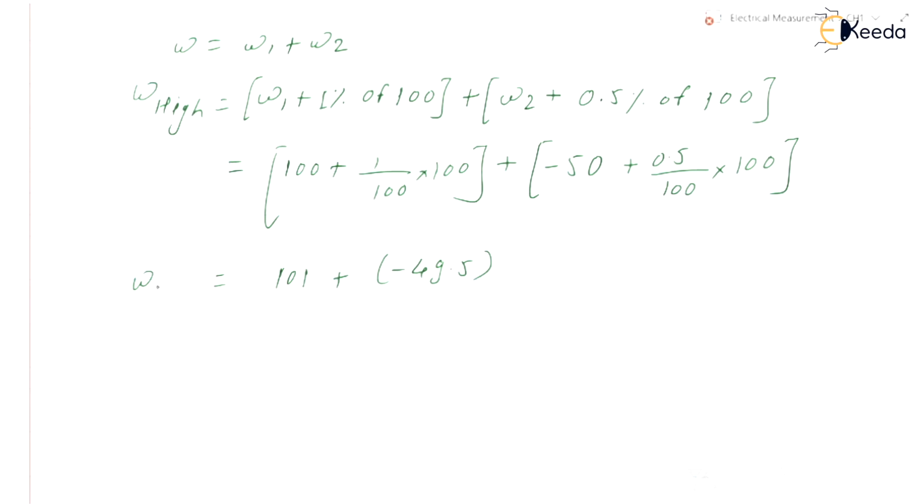This is W high, which is equal to 101 minus 49.5, that is 51.5. This is the highest possible value of W.